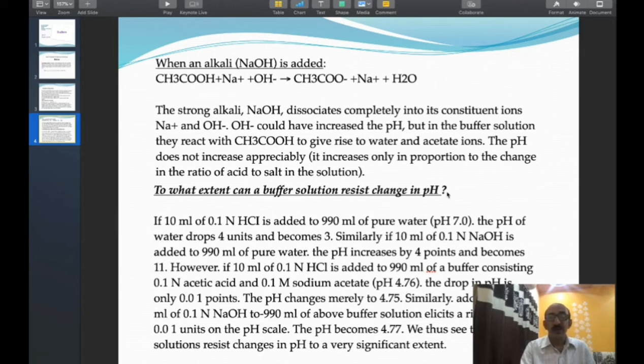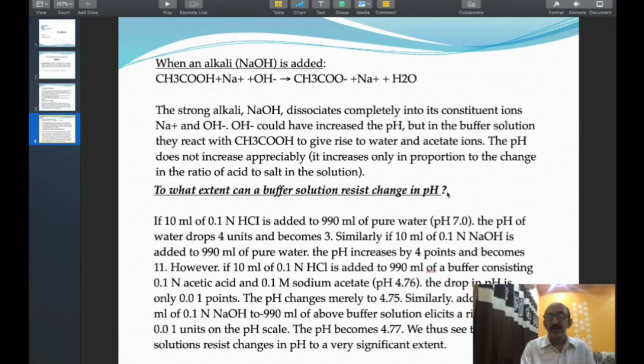After addition of 0.1 normal HCl, the pH of that buffer solution decreases only by 0.01 points. The pH changes merely to 4.75. The initial pH was 4.76, now it becomes 4.75 only. That is, there is a slight decrease in pH, 0.01 pH unit only.